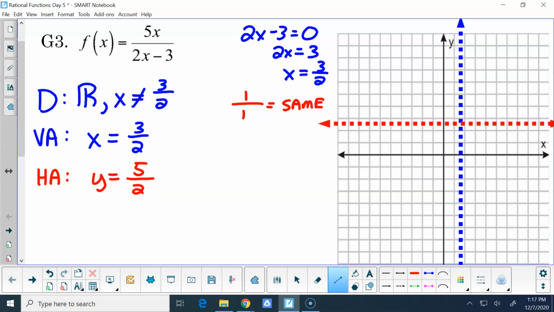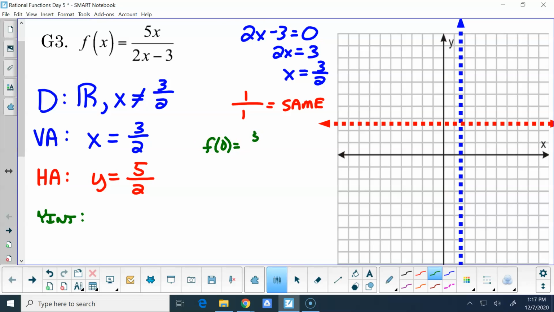Step number 3 on our planned out work. Find the y-intercept. How am I going to find the y-intercept? I plug in 0 into my function. So I find basically f of 0. So that's going to be 5 times 0 all over 2 times 0 minus 3. 5 times 0 is 0. 2 times 0 is 0. Minus 3 is negative 3. 0 divided by negative 3 is 0.